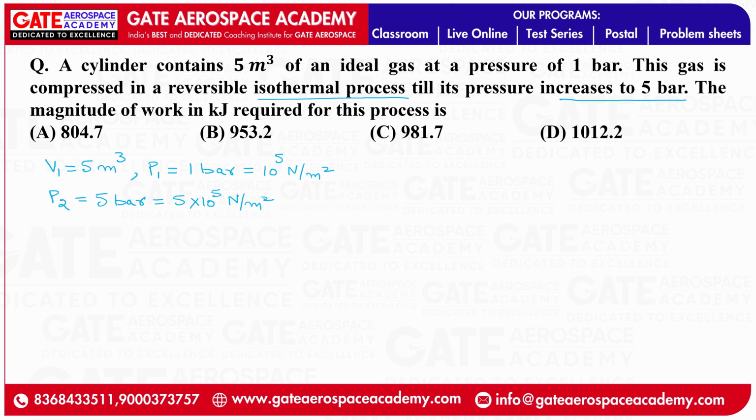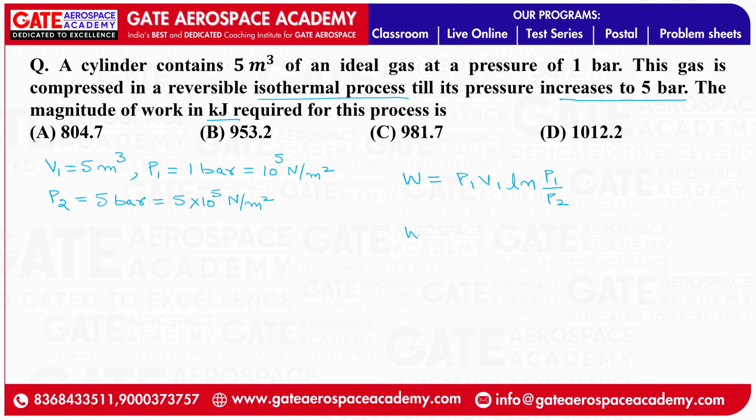The magnitude of work in kilojoule required for this process. Again in kilojoule we have to find out work done. So this is an isothermal process. So what is the work done formula for an isothermal process? That is P1 V1 ln(P1 by P2) in terms of pressure, because we have P1 and P2 values.